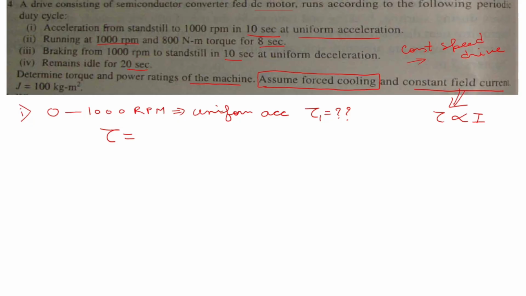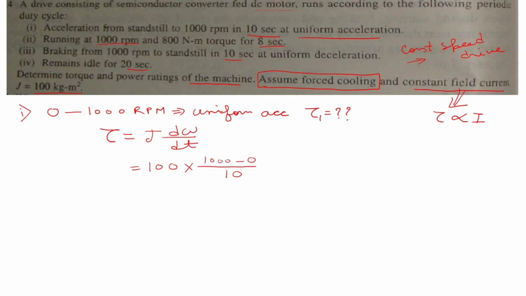So tau, that is the torque, will be equal to J d omega by dt. J is given as 100 kilogram meter square. We'll put this value, 100 into, and speed is changing from 0 to 1000, so the change in speed will be 1000 minus 0, and the change in time will be 10 seconds.